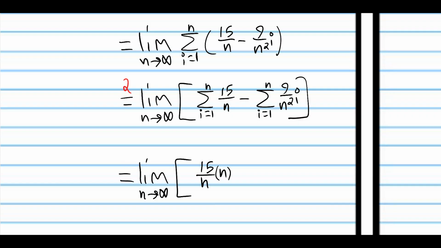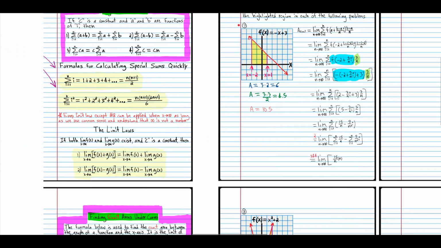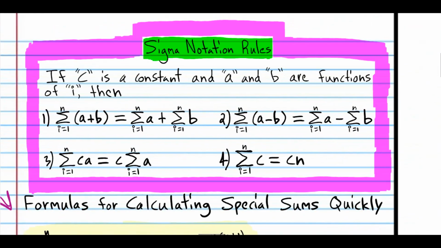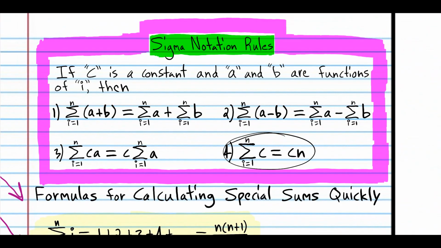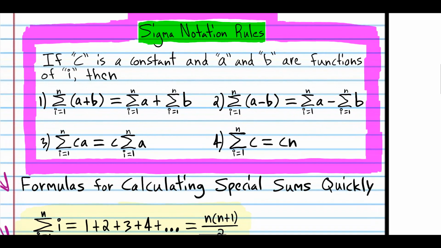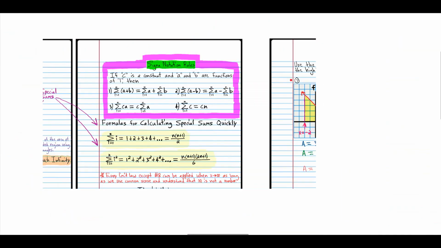And we're also going to use sigma rule number 3. So if you're baffled by that, again, just look at these rules. We use this rule and we use this rule. Actually, we haven't used this rule yet. We're about to use this rule, number 3. So you can take a picture of that and consult.